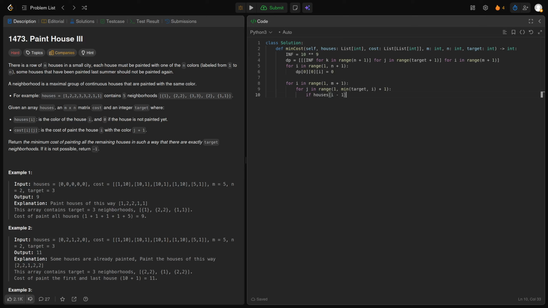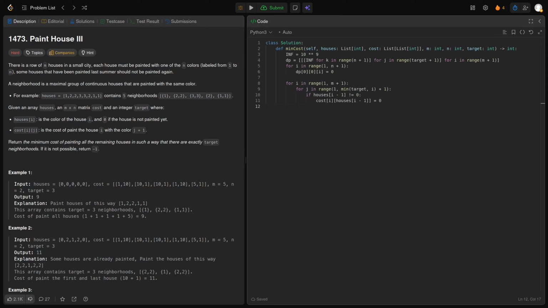If houses i minus 1 doesn't equal 0, then the cost to paint that house is equal to 0. I mean technically, to paint that exact house should cost 0 money, I think.